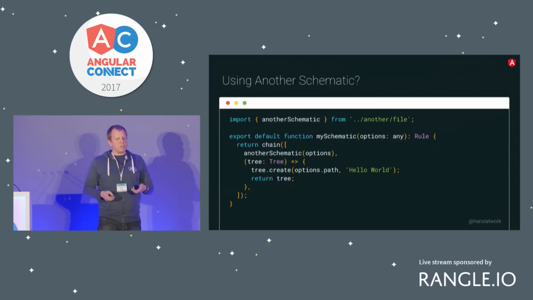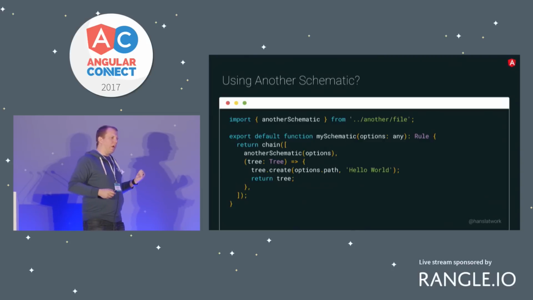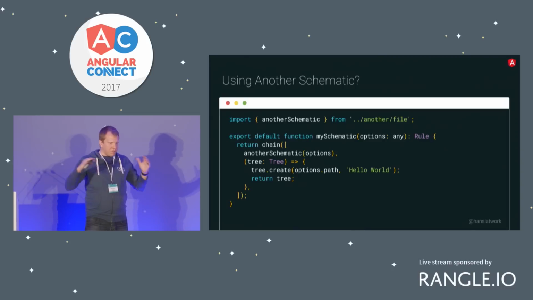But in this case, if options.path already exists, it's going to discover that when you try to create, it will lead to an error down the line, and it will prevent the whole system from being run. So this whole schematic will fail.